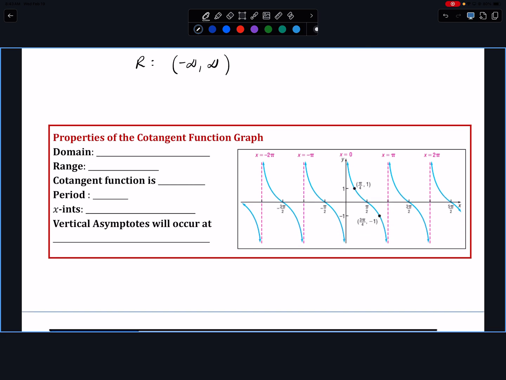So let's go ahead and fill in this box. All right, so domain we just wrote down.